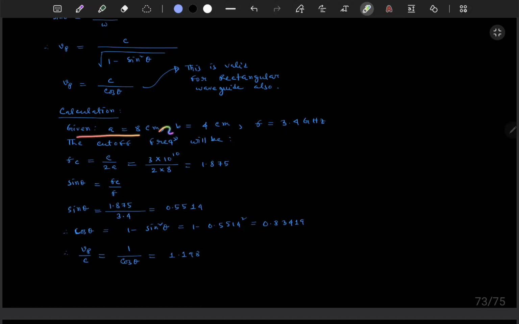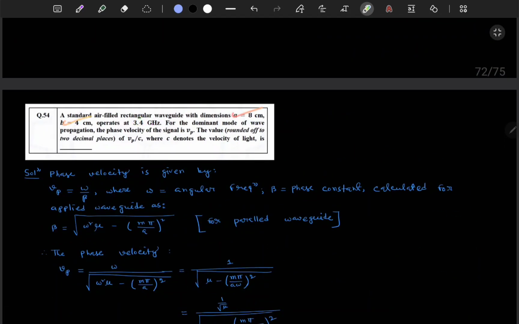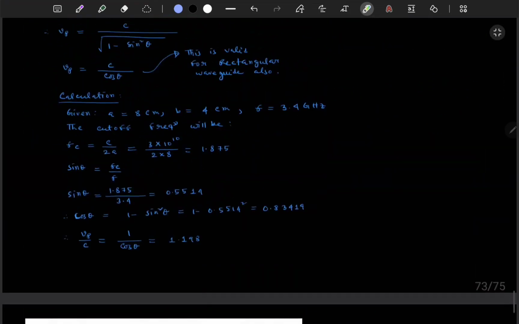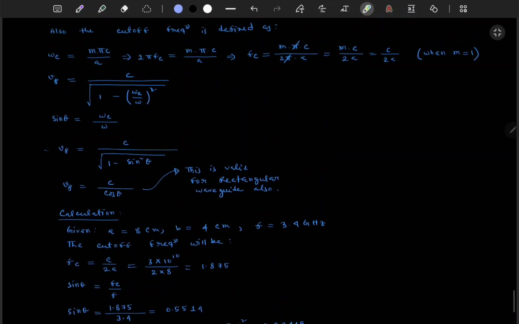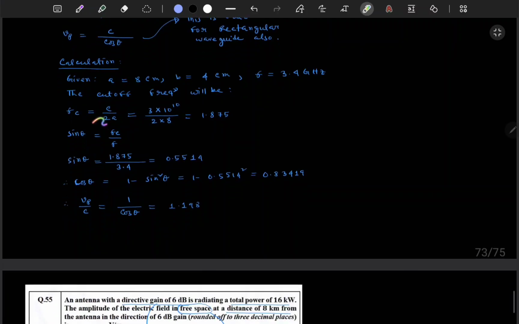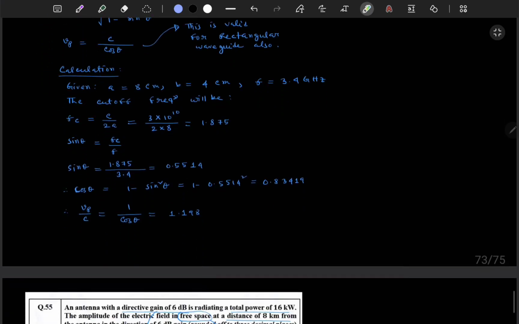Now a is given, b is also given, and f is also given. I am just showing you where it is given. The cutoff frequency you already got, c by 2a. Now sin theta is omega c by omega. We put the omega c we have just calculated, and f is given in the question, so it will become this.